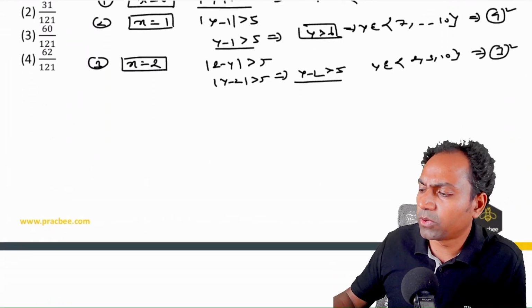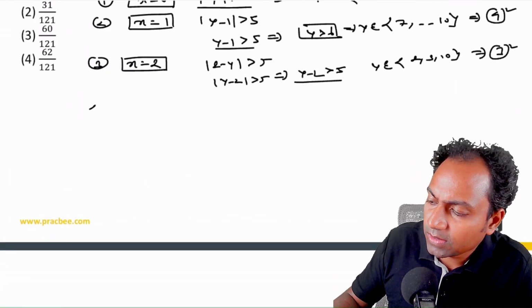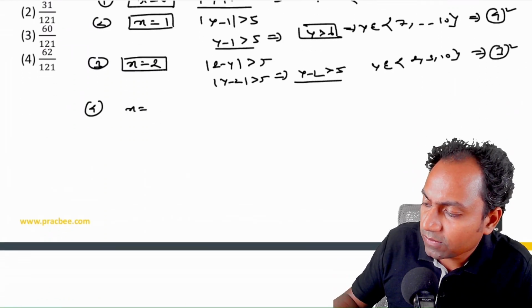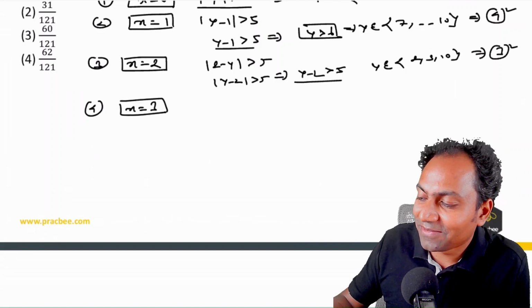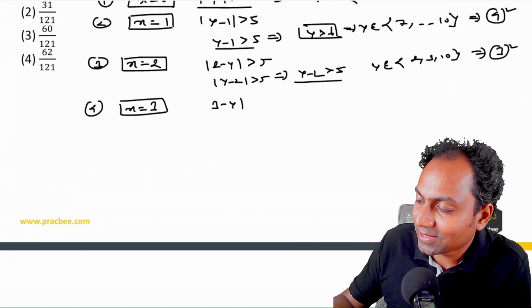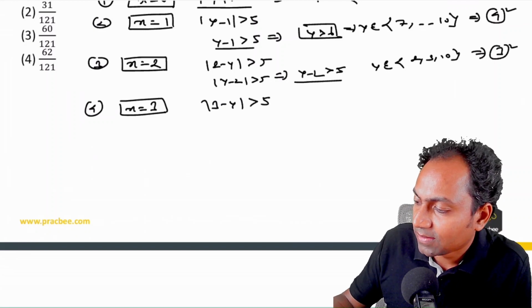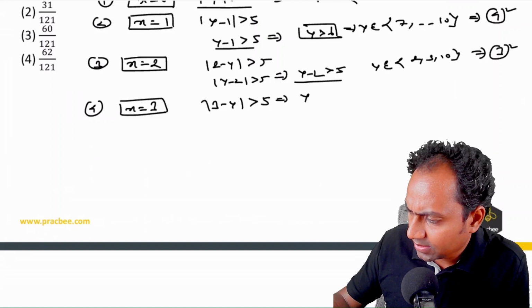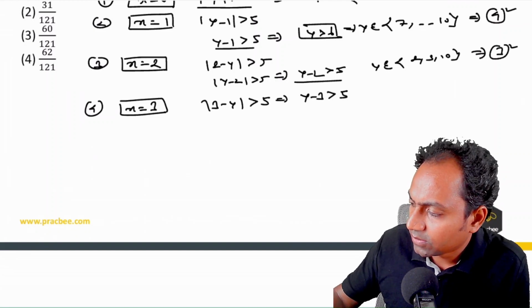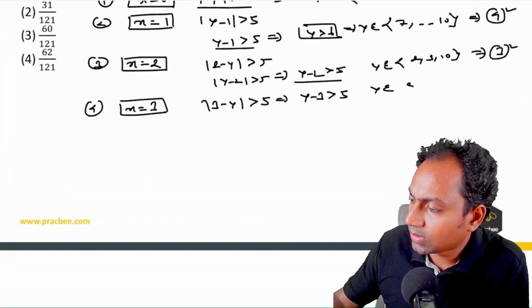And you can keep on doing this. It is not a very difficult task. And after a certain point of time, something magical will happen. That also we'll see. And the values will start repeating. If I write mod of 3 minus y, corresponding to this, you can see the value of y minus 3 should be greater than 5. So y belongs to 9 and 10.